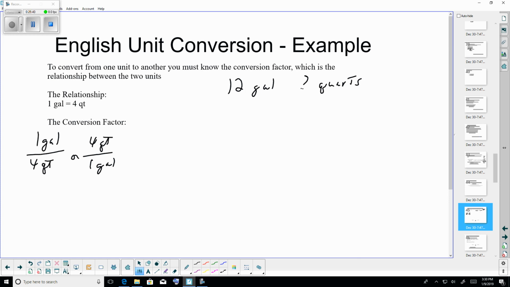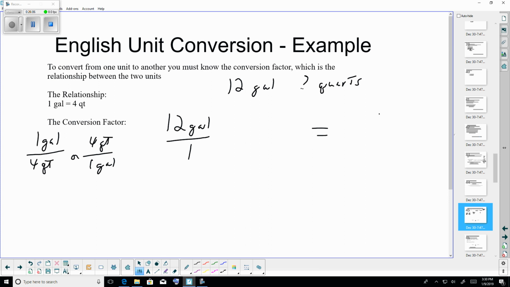You start with what you know. 12 gallons. And I put it over 1, and you might not see that in your book because when you're going to do this on your own, you're going to put it on a piece of notebook paper, and if you write the 12 on the line, it'll end up in the denominator rather than the numerator, and you screw up your calculations.